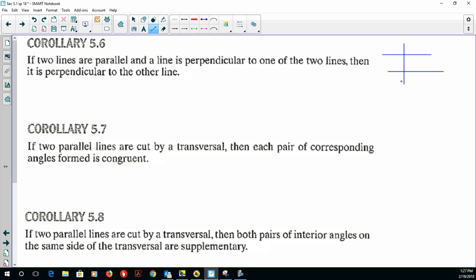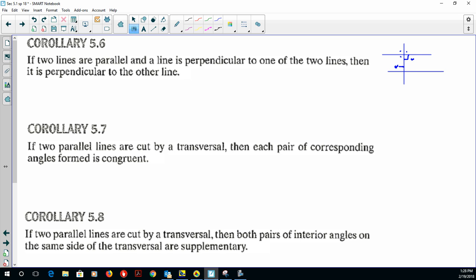Well, if these two lines on top are perpendicular, then I've got right angles all the way around. Particularly, I've got one right there. And if these two lines are parallel, this angle and this angle are alternate interior angles. They have to be congruent. So that has to be a right angle, which means those two things have to be perpendicular. 5-7.